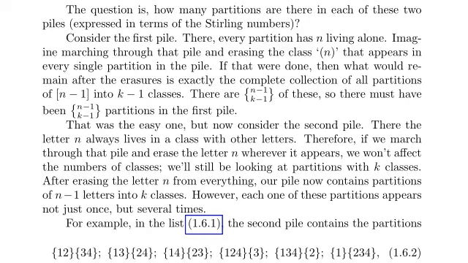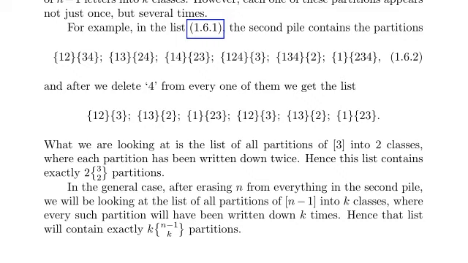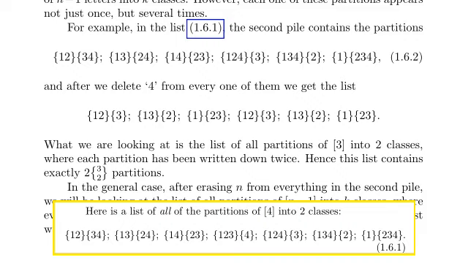For example, in the list 1.6.1, the second pile contains those partitions. So what was 1.6.1? 1.6.1 was a list of all partitions of 4 into 2 classes. So we're looking at all of those, there's 7 of them, all of those in which 4 lives with something else.